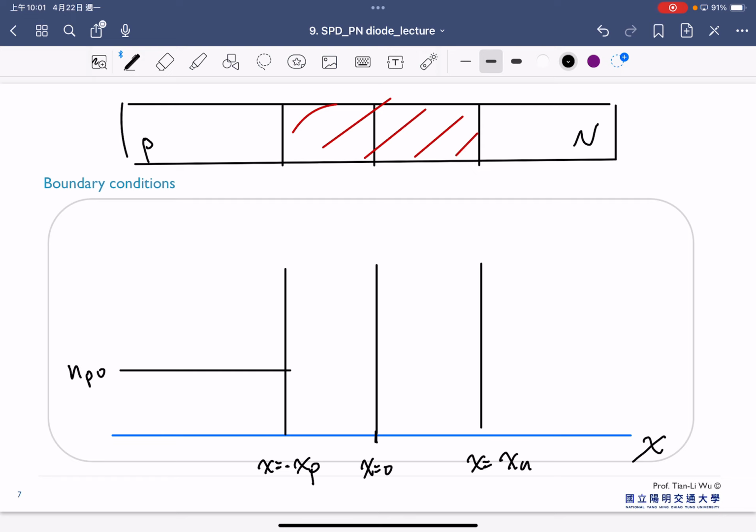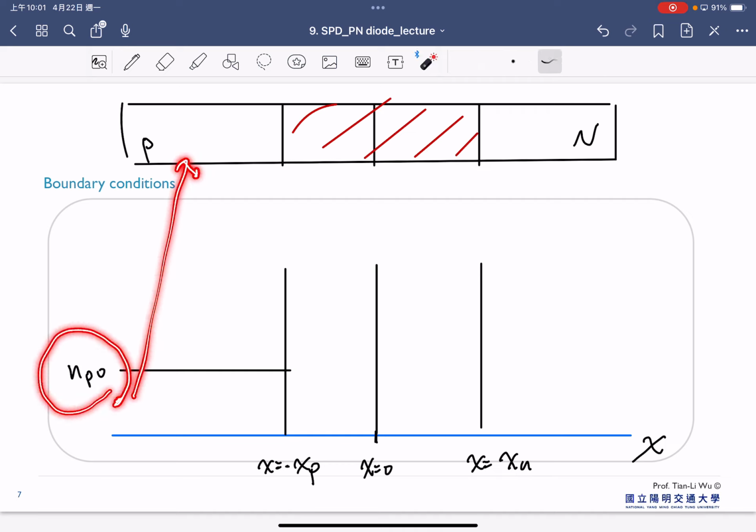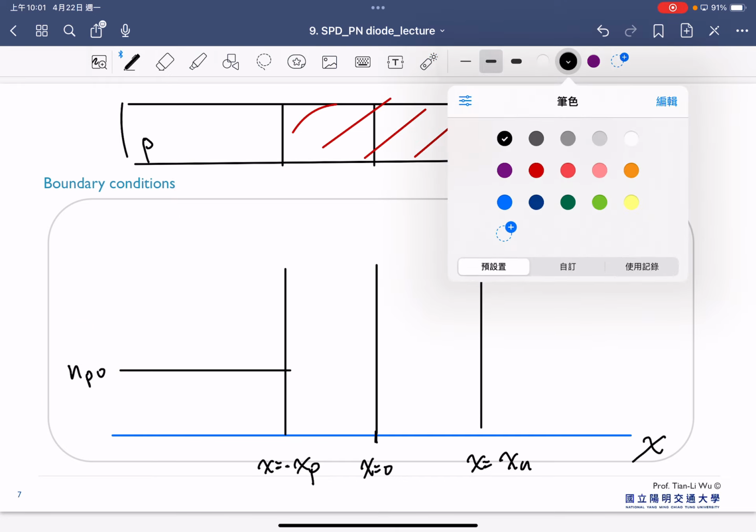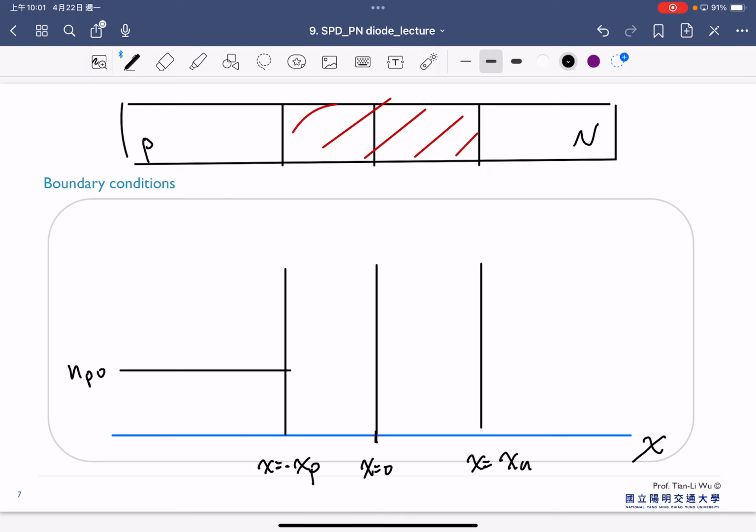Also, that's a minority carrier in the P region. And on the other hand, we consider the minority carrier in the N region, which is PN0. This is 0, which means this is under the thermal equilibrium case.